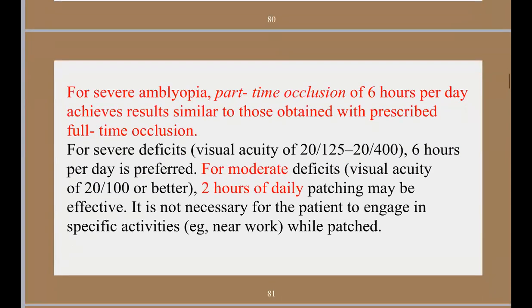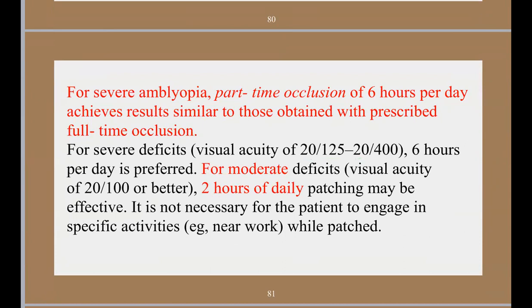Okay, for severe amblyopia, I do part-time occlusion of 6 hours per day. And for moderate, I do 2 hours per day. Here, severe deficits or severe amblyopia mean that I have 20/125, or from this to this, which is 20/400.